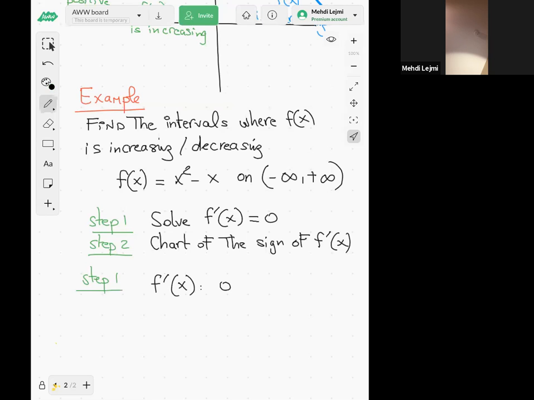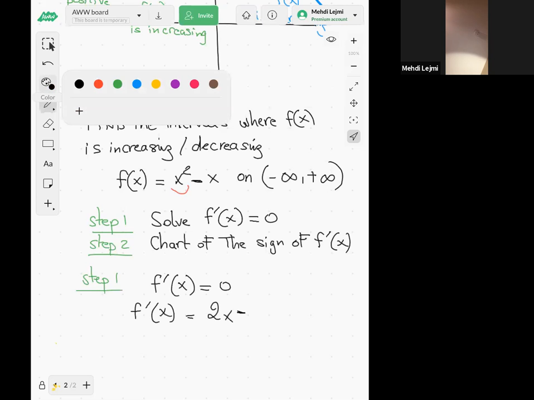What's f prime of x? Well, f of x is x squared minus x. The derivative of x squared is 2x, and then there is the minus, and the derivative of x is just 1. So f prime of x is 2x minus 1.